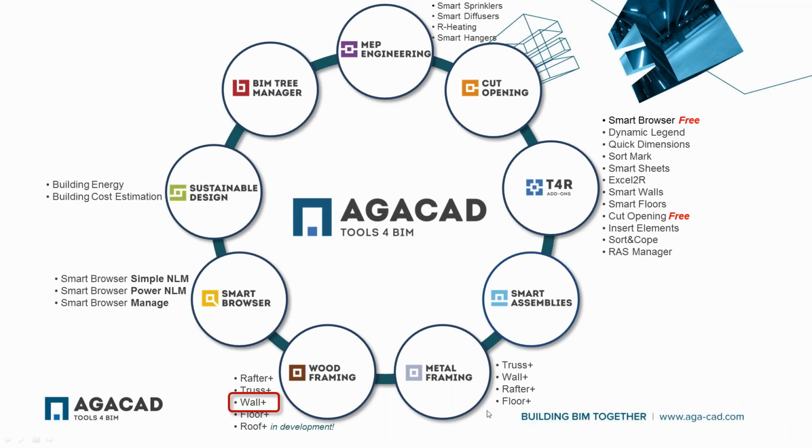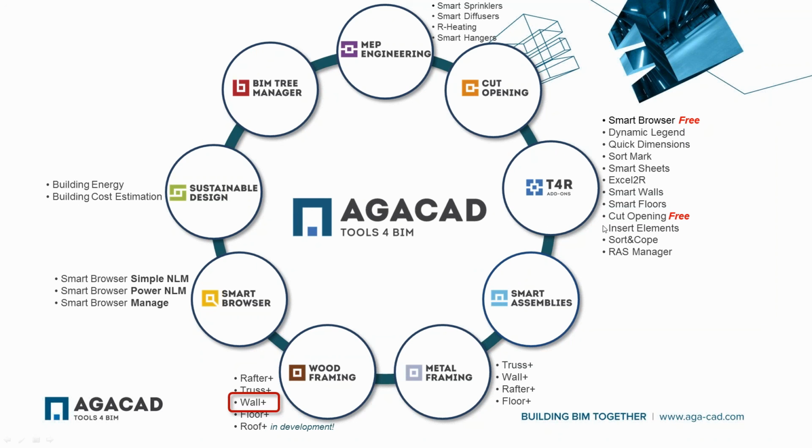So if you do metal frames, you can use the same scenario and the same workflow because we have products for the metal frames, not just for the wooden ones. At the same time, we have smart assemblies, which are very good for making shop drawings for one element, let's say for a wall or a floor or for one frame. So it's very good for making shop drawings for prefabricated elements.